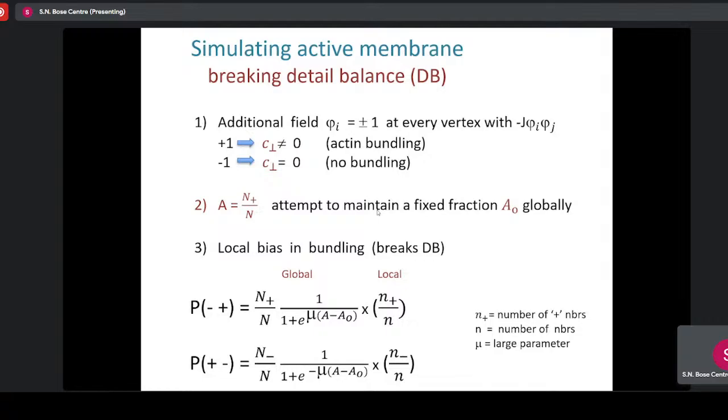A certain fraction of vertices has this and certain others don't. We try to maintain a global ratio, but there are some local moves also which break the detail balance, so together this system does not actually adhere to what we try to constrain, that is, only a certain fraction will have this C perpendicular non-zero.